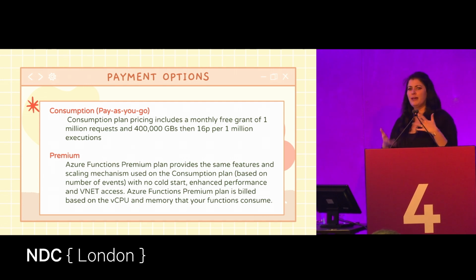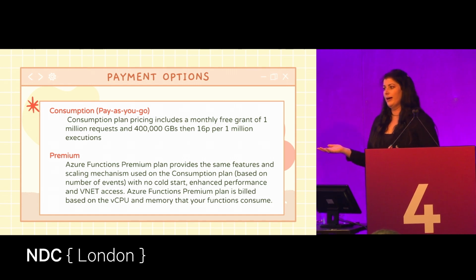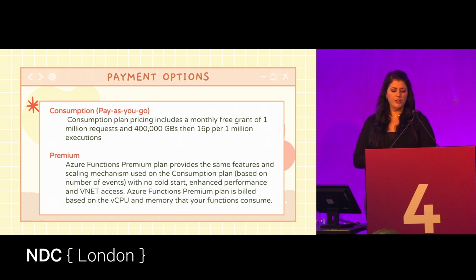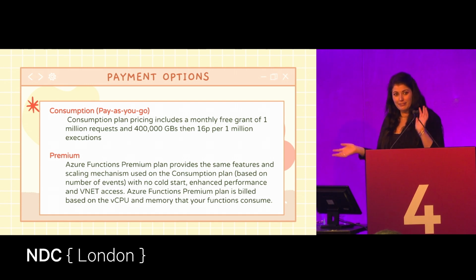If you're doing some kind of fun project or some small-scale thing, that's a lot of requests. And then you get 400,000 gigabytes of data processing through it, and then it's 16p, it's gone up, it used to be 15p, per 1 million executions. So they are hugely efficiently cheap. They are so cheap, so unbelievably cheap. It's great, we like cheap.